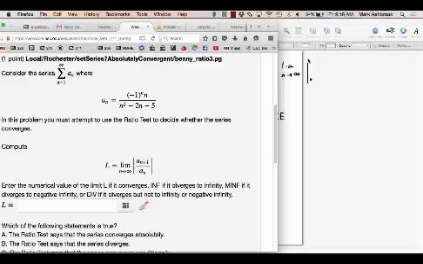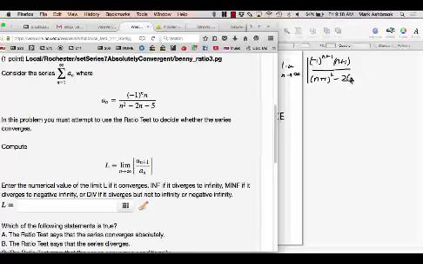And so we've got (-1) to the n plus 1, n plus 1 over (n plus 1) squared minus 2(n plus 1) minus 5, times the reciprocal of a_n, right? 1 over a_n. It's like dividing by a_n.